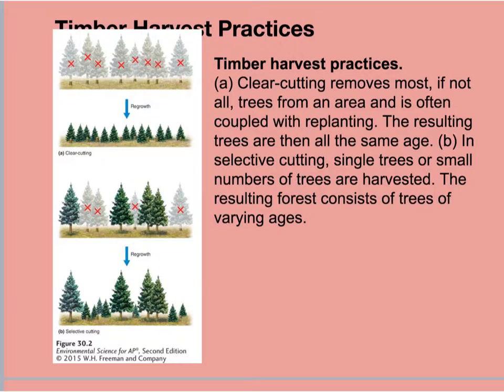Some loggers have been returning to the use of animals like horses to pull logs and reduce soil compaction. Although the cost of this method is really high and it's kind of difficult to make it economically viable, it is taking place.